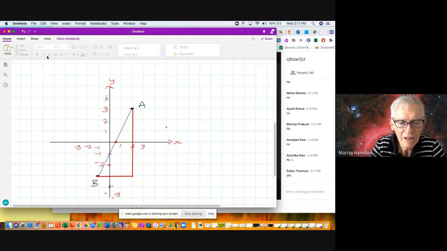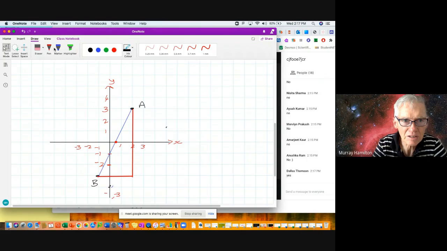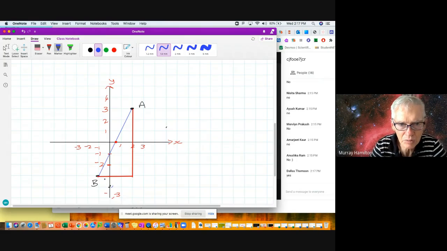So with a right angle triangle, all we have to do is count the squares. Without using a formula, I'm just going to count the squares here. I've got 1, 2, 3 squares along the bottom, so that's 3 along there. And I've got 1, 2, 3, 4, 5, 6 up the side.